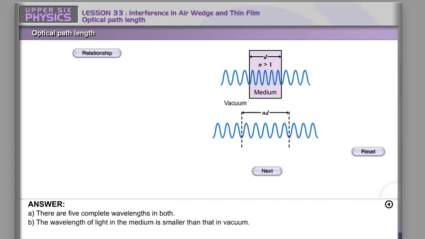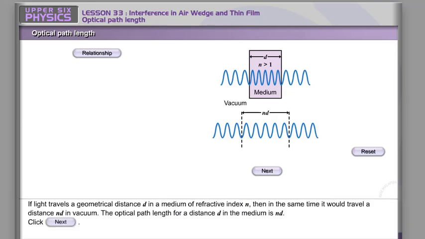B. The wavelength of light in the medium is smaller than that in vacuum. If light travels a geometrical distance d in a medium of refractive index n, then in the same time it would travel a distance nd in vacuum. The optical path length for a distance d in the medium is nd. Click the Next button.